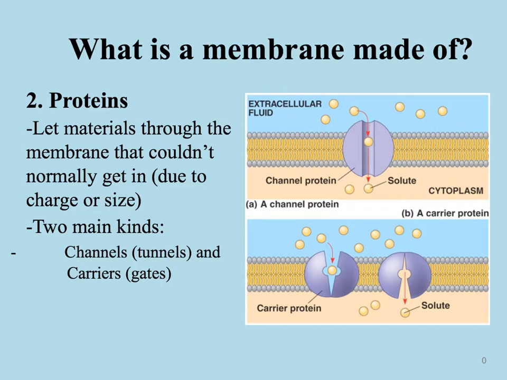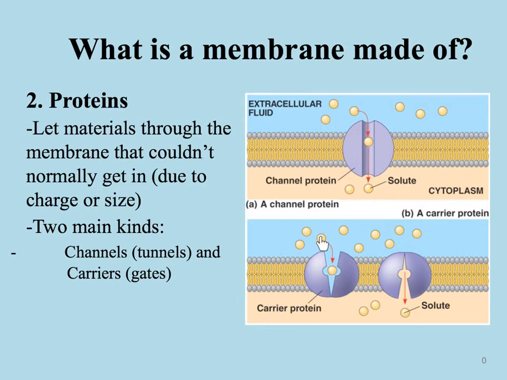One is a channel protein, and as the name implies, there is this canal-like structure that would allow these larger particles to move through this channel. Notice they're too big to move through the little spaces, but they are the right size to fit through that channel. The other type of protein is a carrier protein, and that's going to act like a gate.